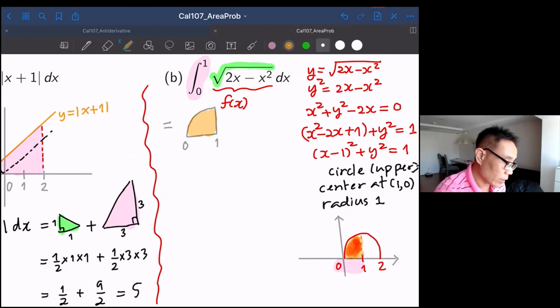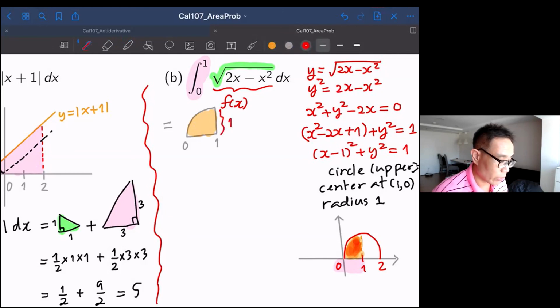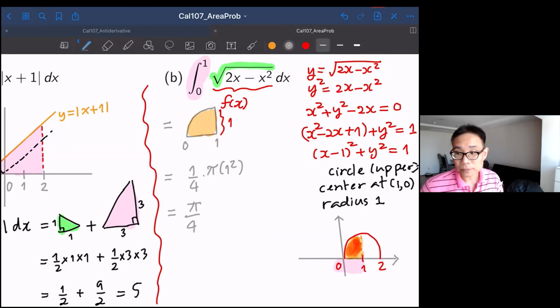And the radius that you have is equal to 1. So in this case, it's going to be 1/4 of pi times 1 squared. So it's going to be pi over 4.